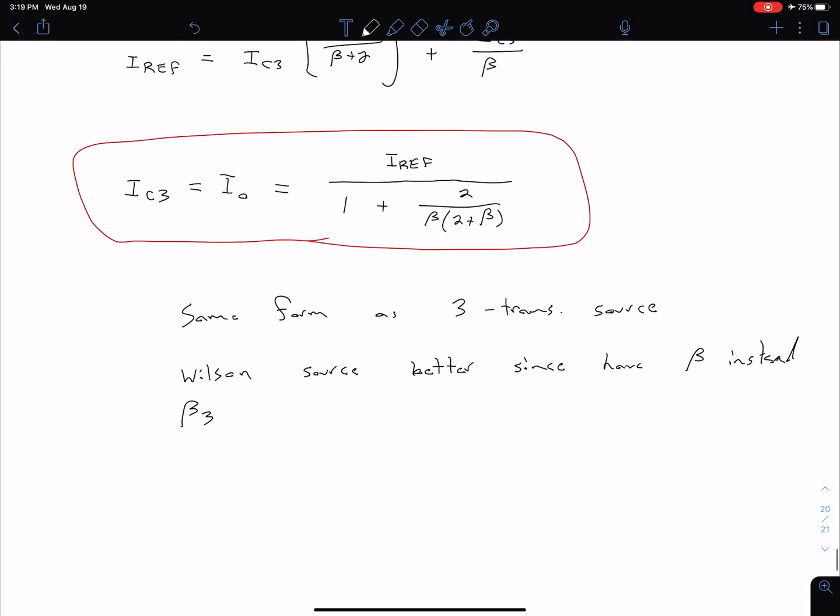And that basically means our output current is going to be closer to our reference current, but also that we're going to have less variation with beta compared to our 2 transistor current source. So that much is going to be the same as our 3 transistor current source. So less variation with beta in our output current, I should say, compared to our 2 transistor current source.